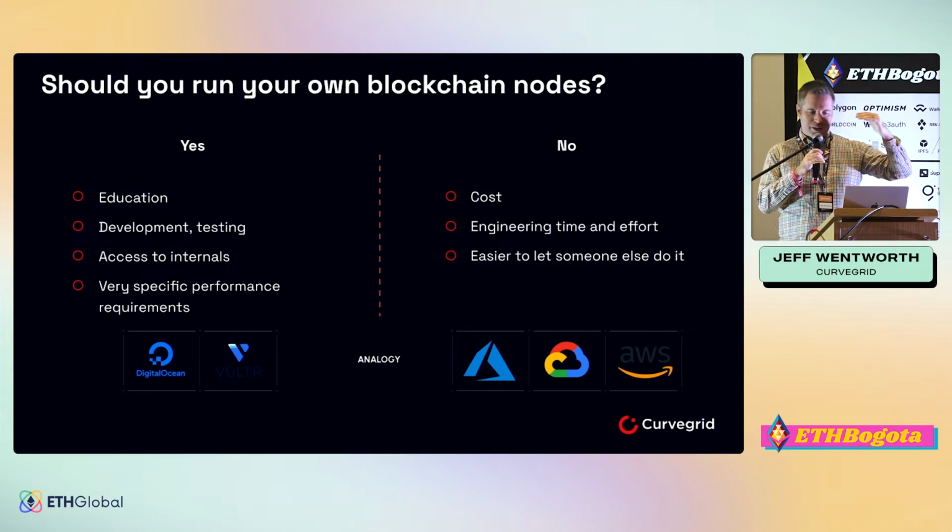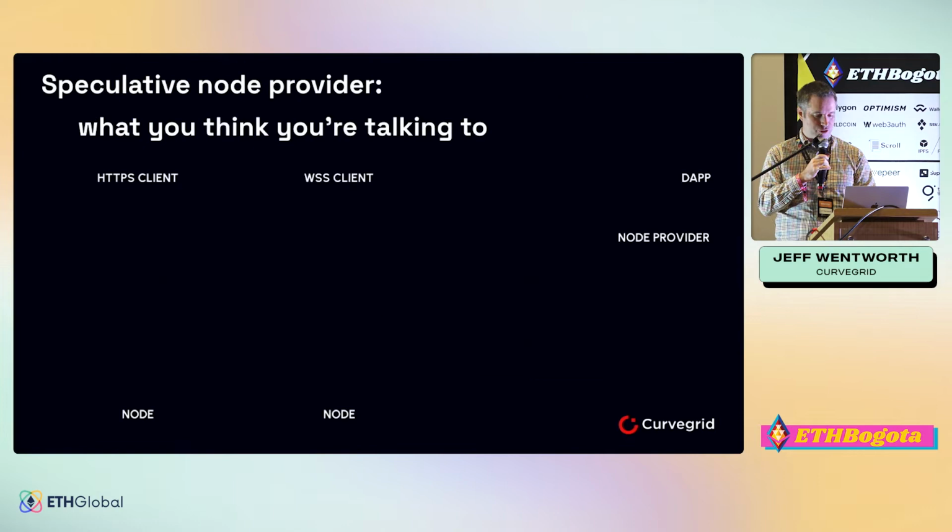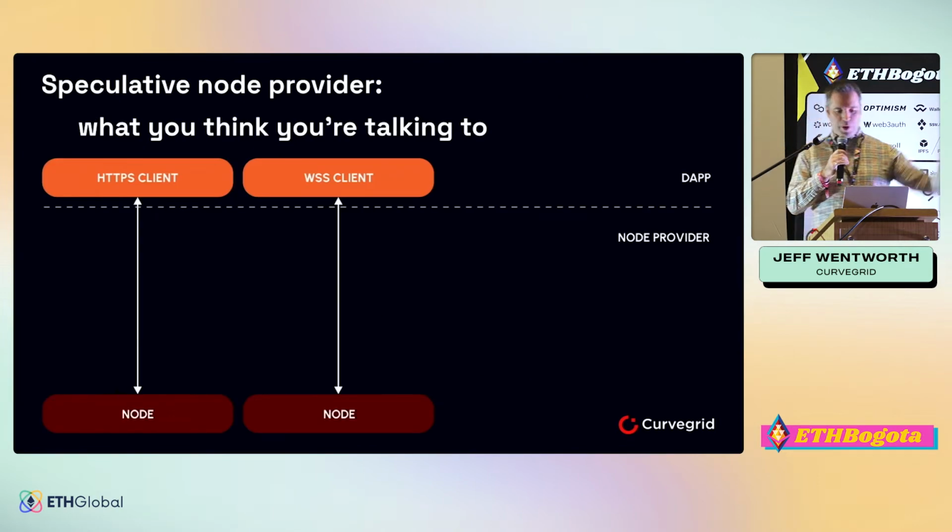So we've talked a lot until this point about some of the ways that we think about reading from blockchain nodes, interacting with blockchain nodes. Now we're going to talk about not just how we think about interacting with and architecting a DApp to work with blockchain nodes, but the particulars of node provider infrastructure as well. So, speculative node provider.